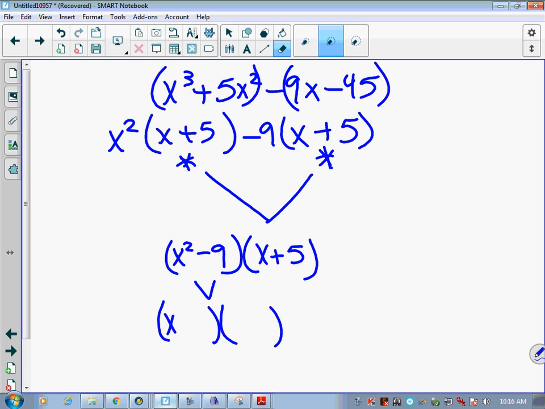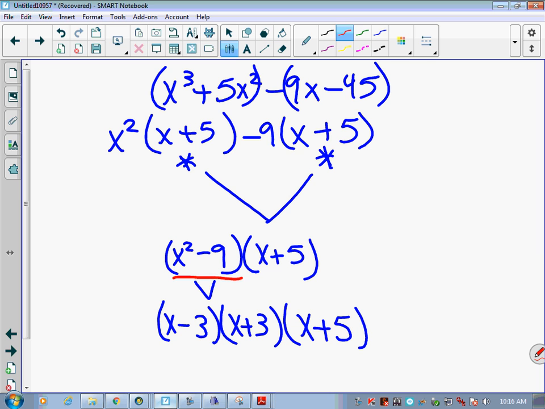X minus 3, x plus 3, because I had an x squared minus a perfect square. So I actually have 3 terms that I can get out of that. X minus 3, x plus 3, x plus 5. So be careful.